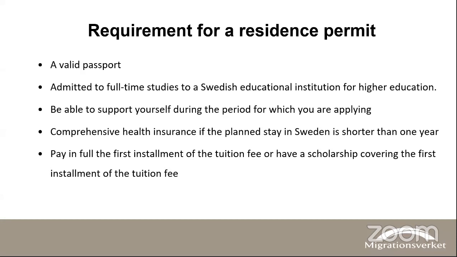You must have a comprehensive health insurance if the planned stay in Sweden is shorter than 1 year. And you also must pay in the full first installment of the tuition fee or have a scholarship covering the first installment of the tuition fee.